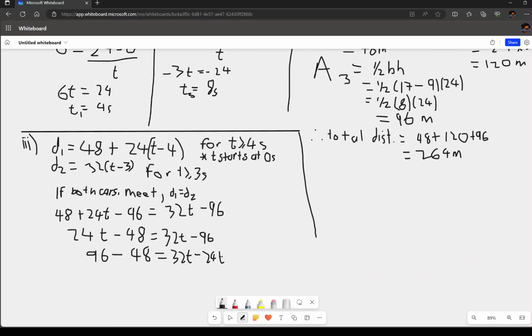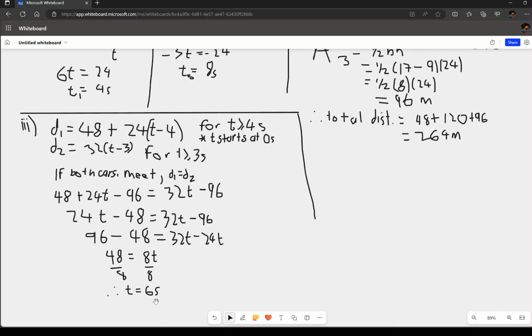Alright. And then now we're just going to have 48, because 96 minus 48 is 48, is equal to 8t. And then if we divide by 8 on both sides, then we can write therefore t is equal to 6 seconds. And that, my friends, is our answer.